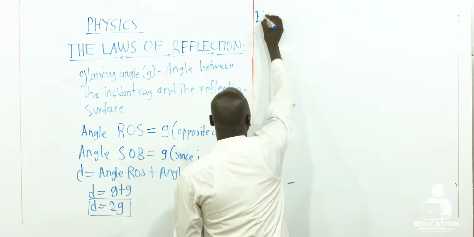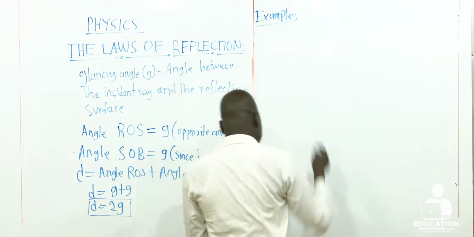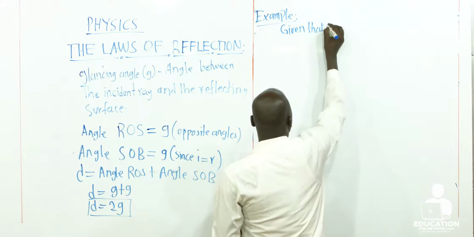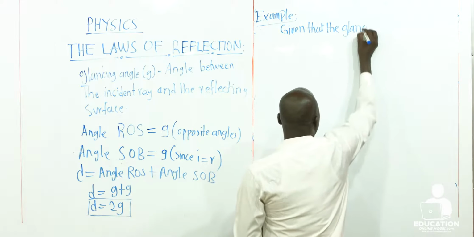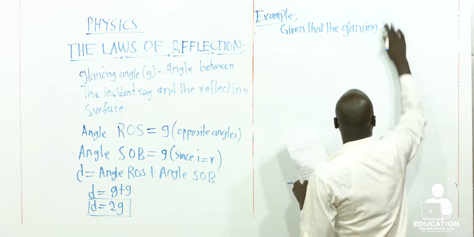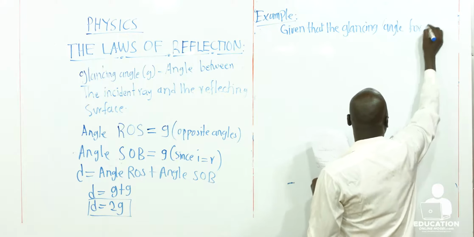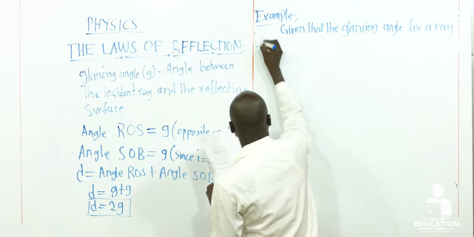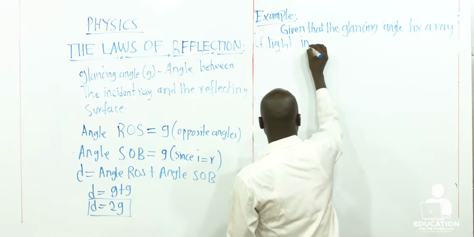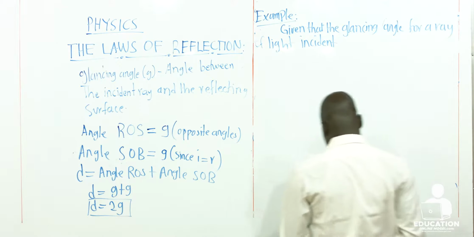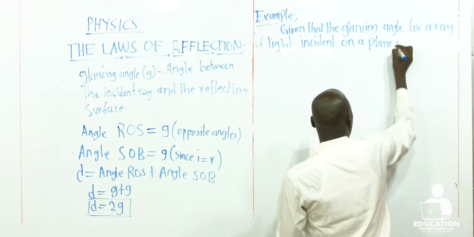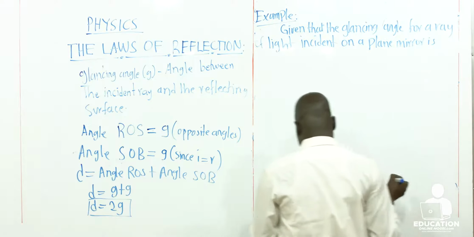So example. The example says, given that the glancing angle for a ray of light incident on a plane mirror is 30 degrees.